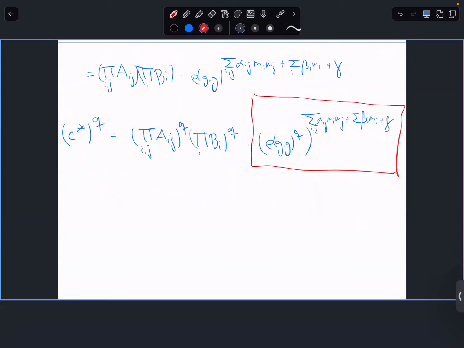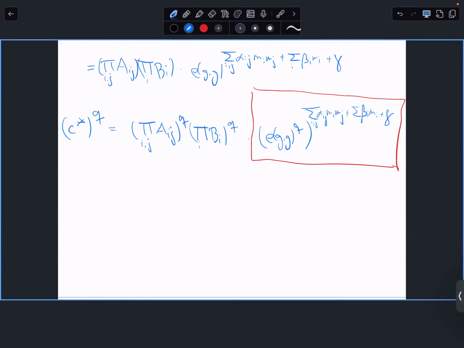So if this C to the Q was just the stuff that's in the red box, then our scheme is correct. What do we have to show for the other stuff? Exactly, this stuff should all be one, or the identity. And how can we do that?